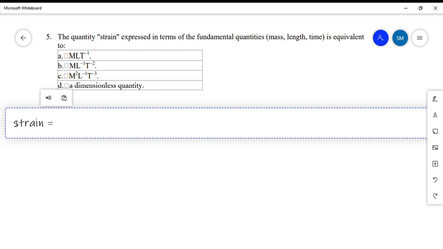So the change in length we can express by L, and L naught we can express by L. So L over L is 1, and 1 is a dimensionless quantity. So the answer is D.